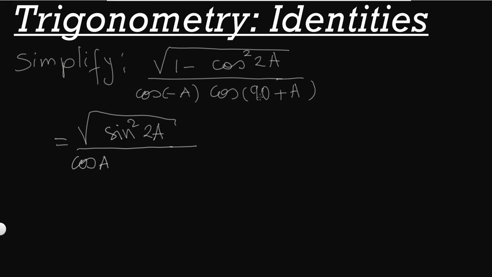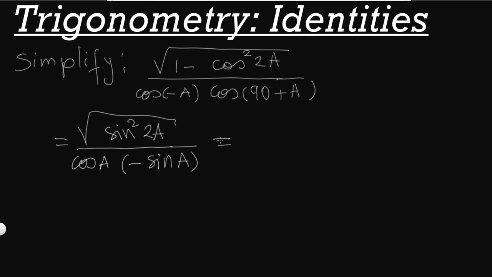Now, when you have 90 degrees plus, remember what we did in the previous video, this is the second quadrant. So cos in the second quadrant is negative. So you have a negative, okay? Then cos of 90 degrees plus A changes to sine because they are cofunctions.